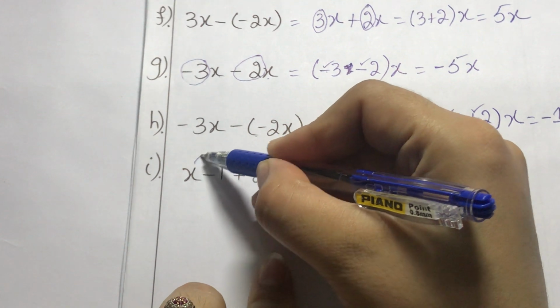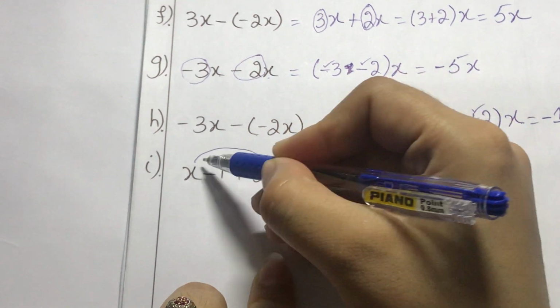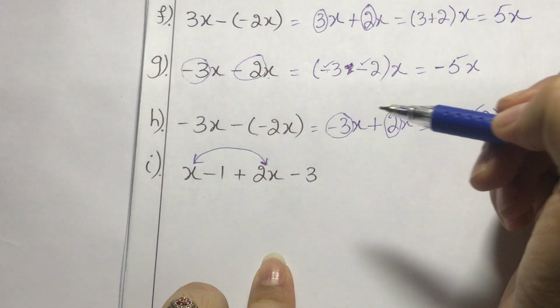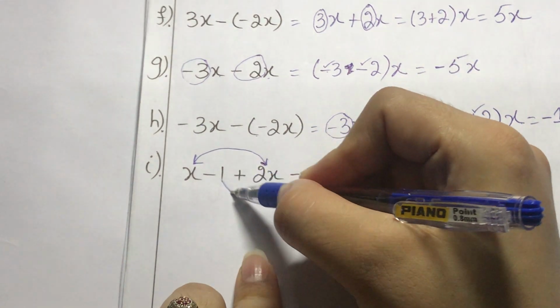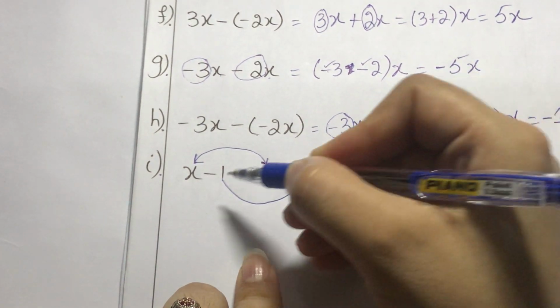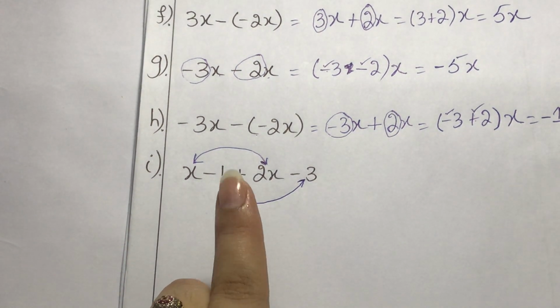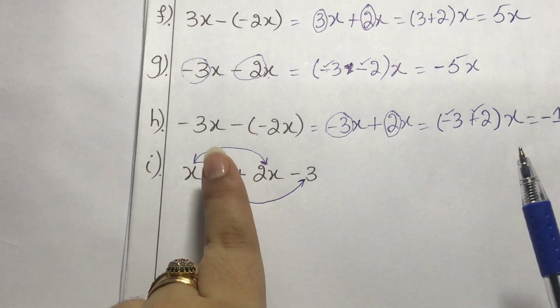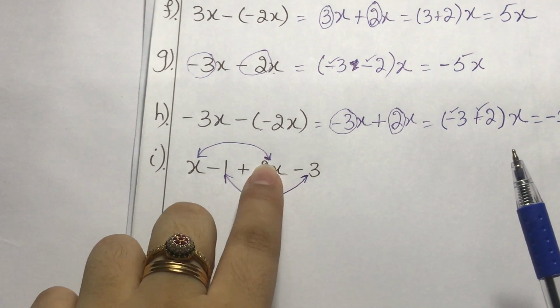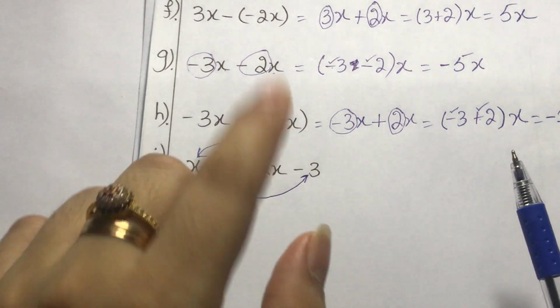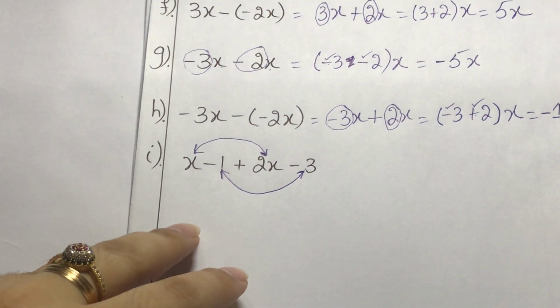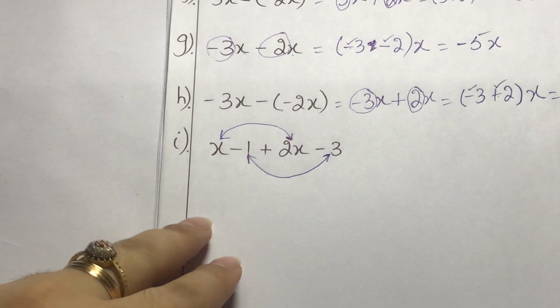The terms with the same variables are like terms, right? And the constant terms are also called like terms, right? So first thing you have to do, you have to identify your like terms, and always use the arrows, so it will make the chance of mistake lesser, right?